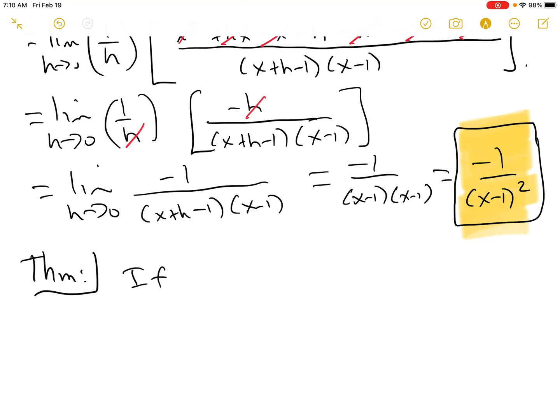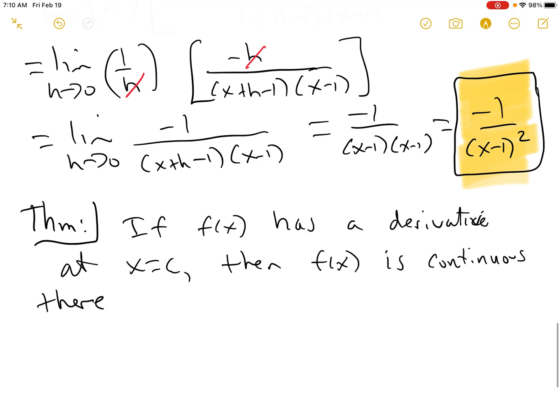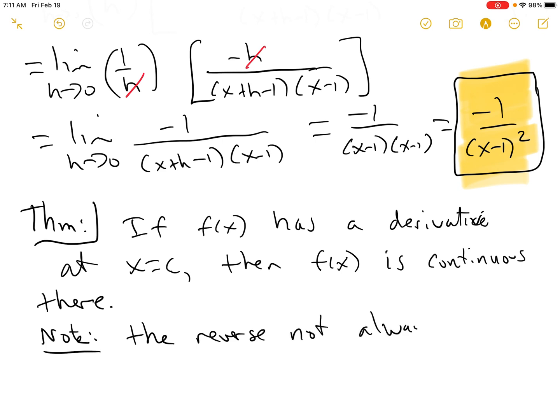If f of x has a derivative at some point x equals c, then f of x is continuous there. Okay. But the reverse isn't always true. So this is a note: the reverse is not always true.